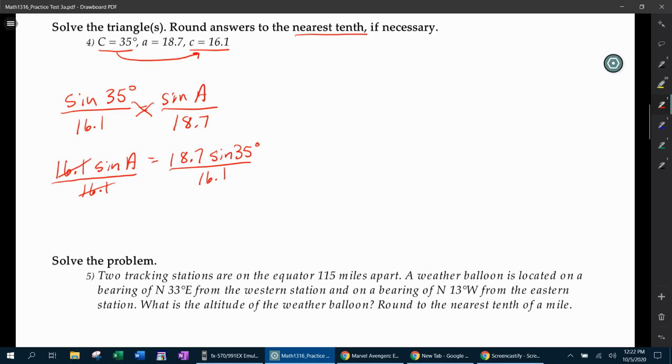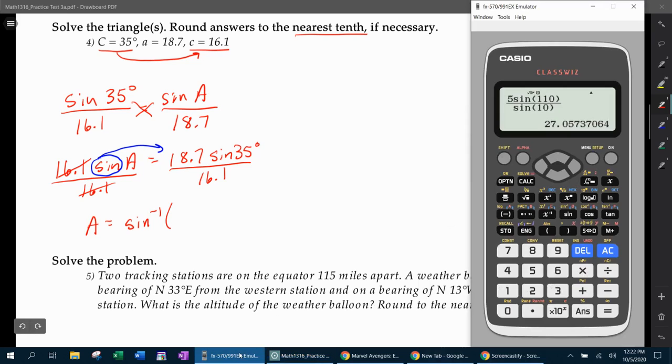And then, since I'm looking for angle A, I'm going to move the sine over so that I can isolate angle A. Now moving the sine over is going to make it inverse sine. And I'm going to have to use my calculator to calculate the fraction out to a decimal. 18.7 sine 35 divided by 16.1.